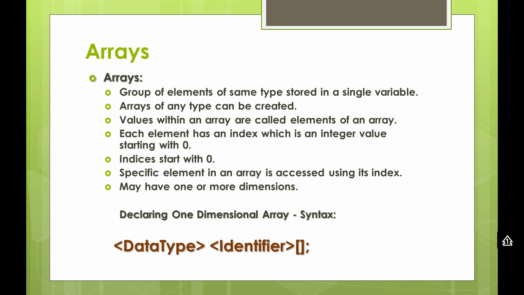As we already know, arrays are just a name given to a block of memory locations. It's just a name given to multiple elements, a group of elements of the same type.